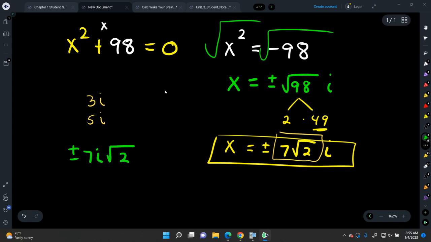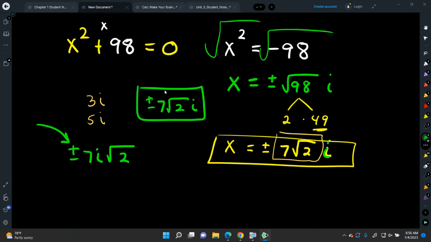The only reason that happens is because we want to avoid any confusion that the i is under that square root. But this is the correct way, although the other is often accepted. Does that make sense?